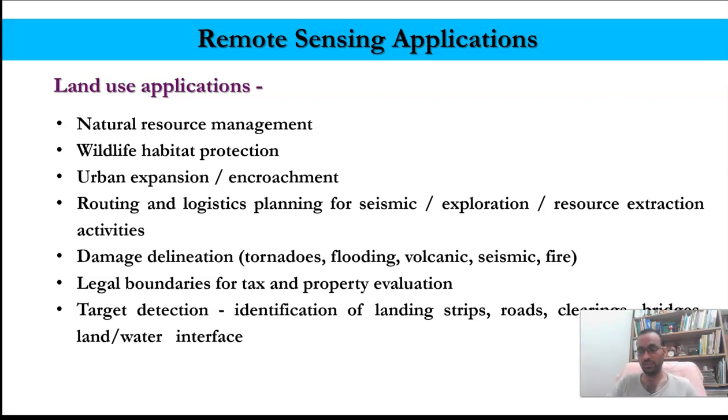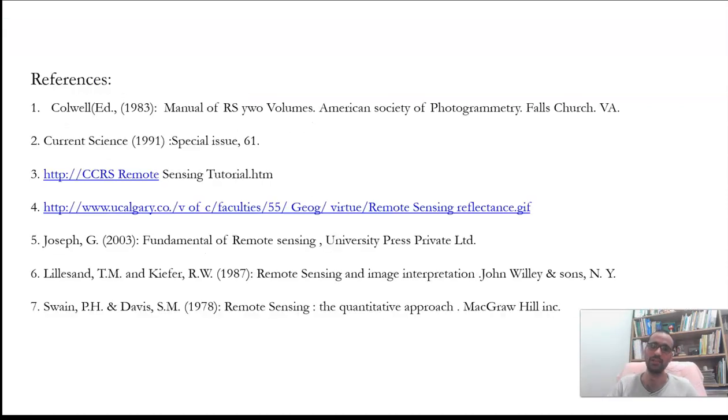Many countries, like the USA, India, and different European countries, are using satellite data for taxation. And target detection, like identification of landing strips, roads, clearings, bridges, land-water interface. Okay, these are the most important applications. There are many, but these are the most important.